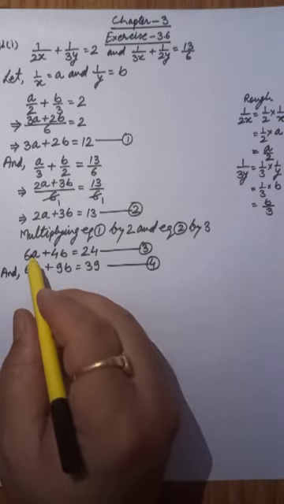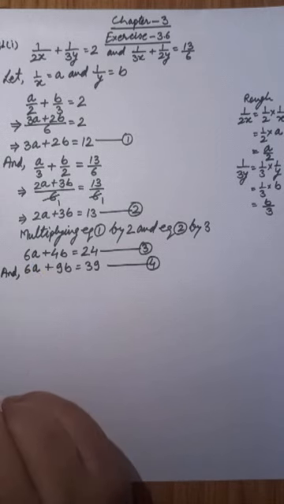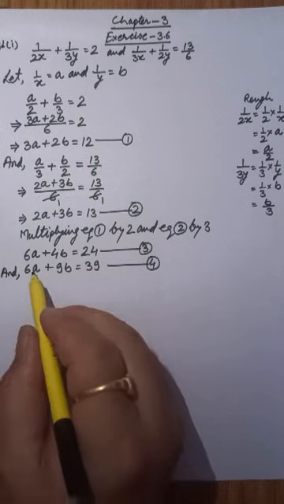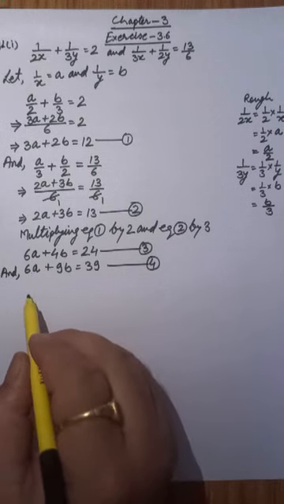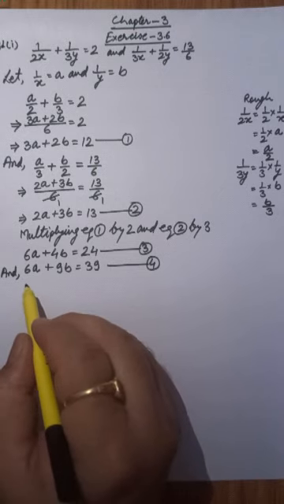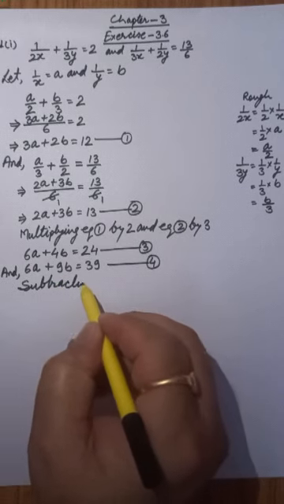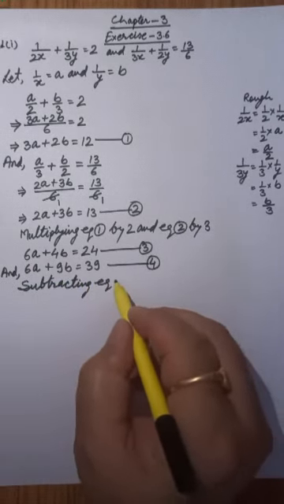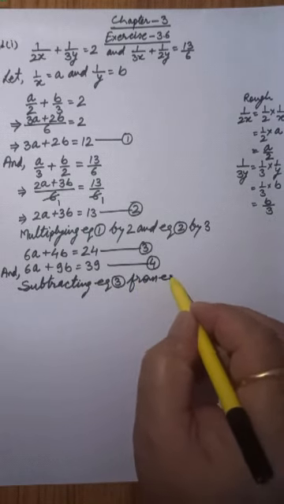Both the coefficients of a have the same sign. Whenever we get the same sign and the coefficients are equal, we subtract the equations. So here we are subtracting equation 3 from equation 4.